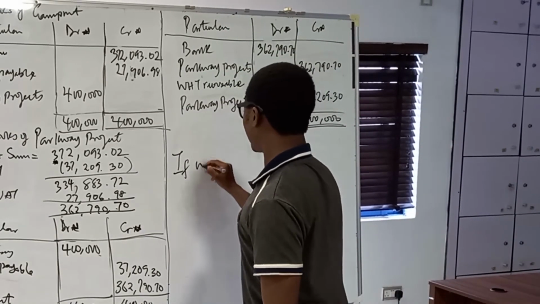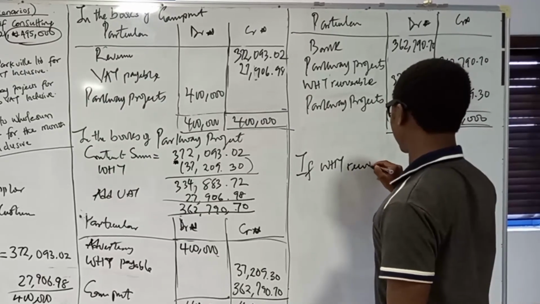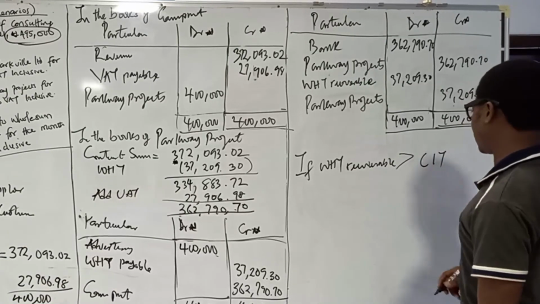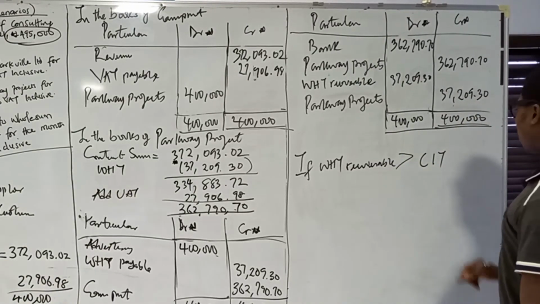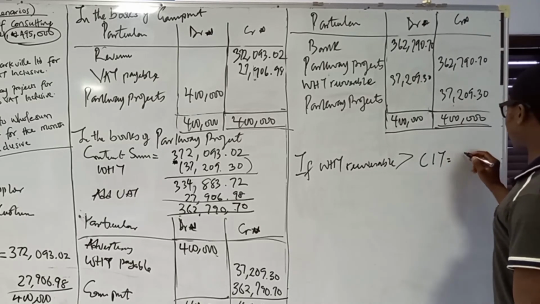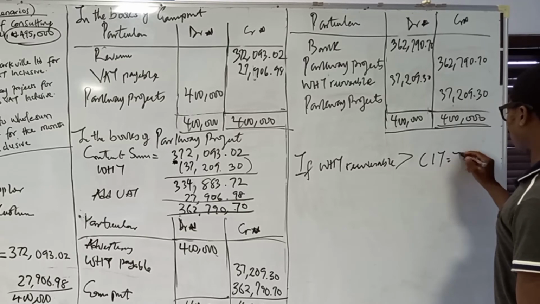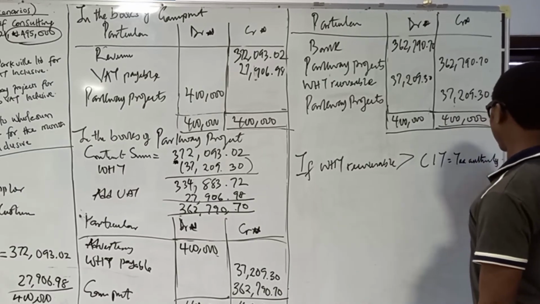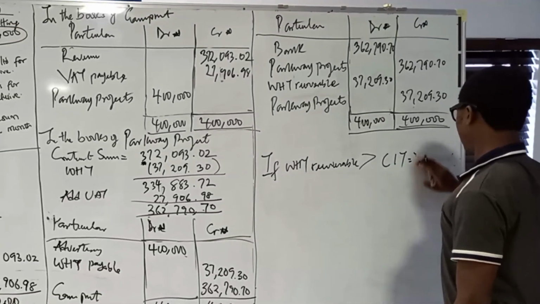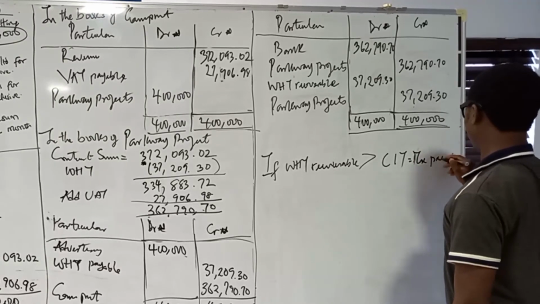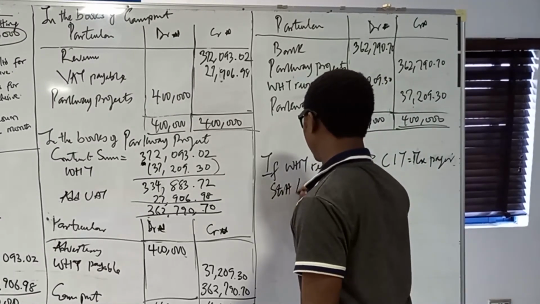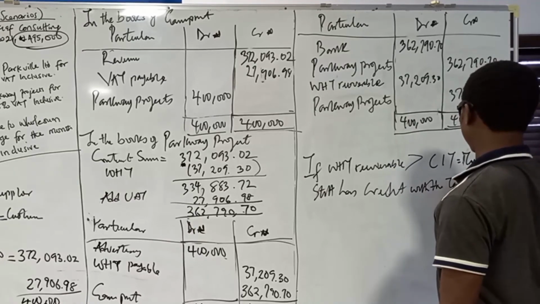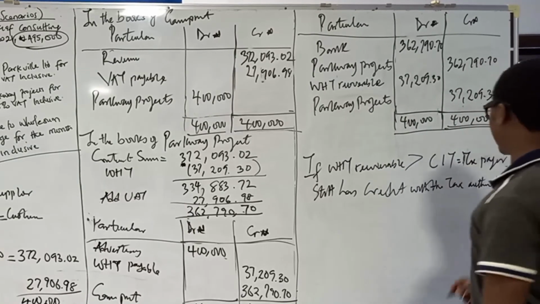if withholding tax recoverable is greater than CIT, it simply means that the taxpayer still has credit with the tax authority.